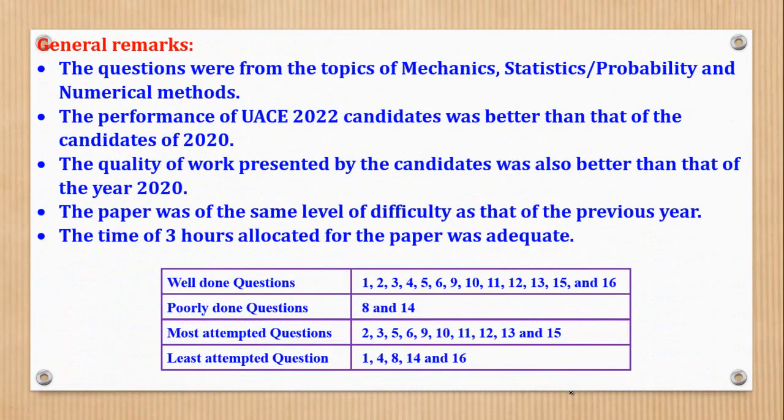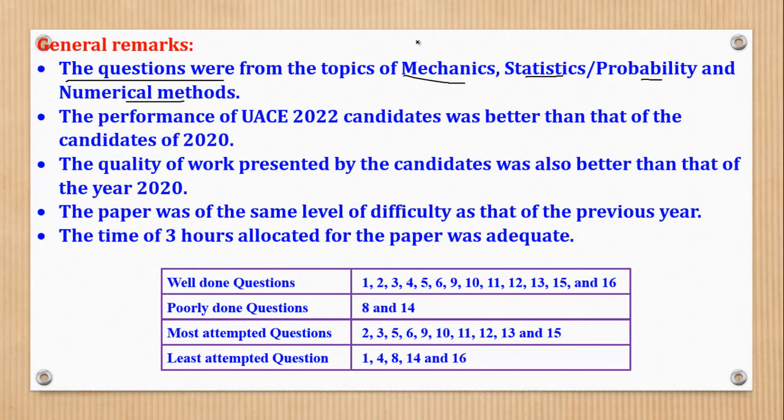So basically that was the paper for Uneb of the year 2022, and these are the general remarks that the questions were from the topics mechanics, statistics, and probability and numerical methods.